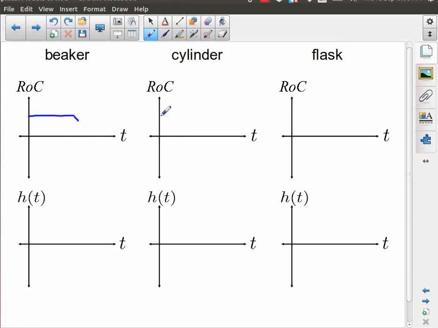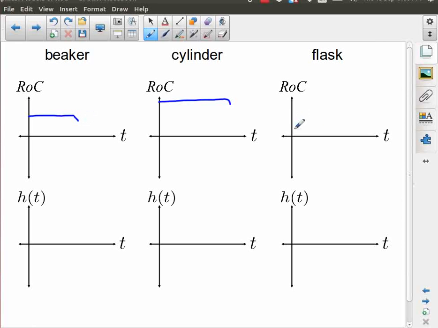The rate of change in the height of the cylinder is going to be faster than the beaker because it's narrower, so it's going to be up here. And at the end there, it's just going to drop off just like the beaker did.